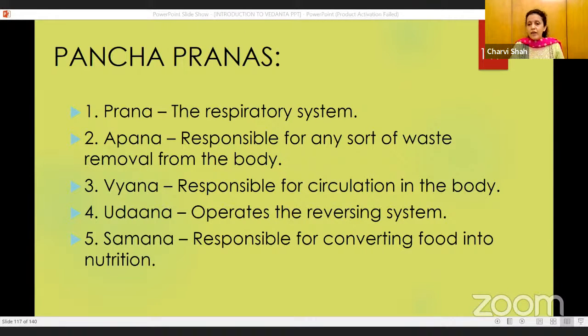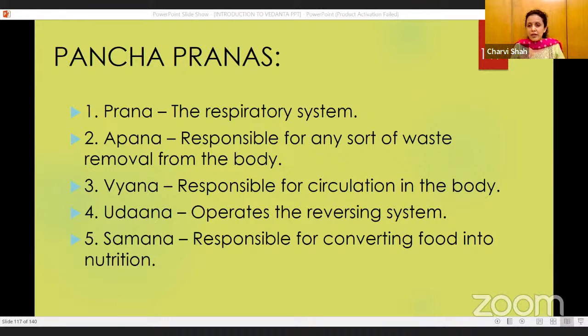It goes downwards. Waste removal system. Then Vyana. Vyana is responsible for circulation in the body. Then Udan. Udan operates as a reversing system. Like at the time of death, all the body processes are reversed because it is time for the body to die. So it is this Udana which helps to eject the subtle body out of the Sthula Shareeram.